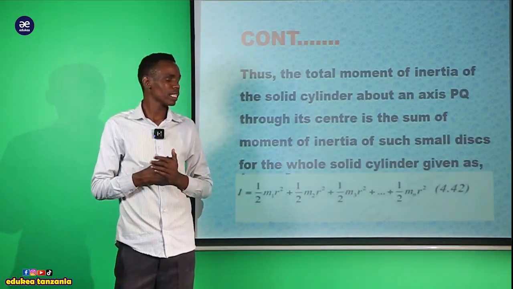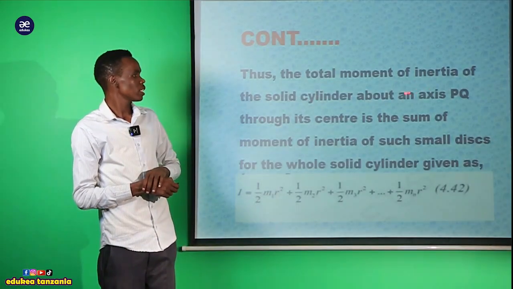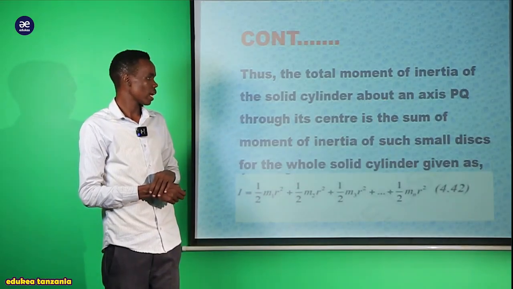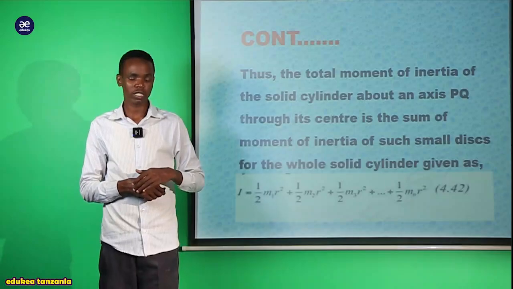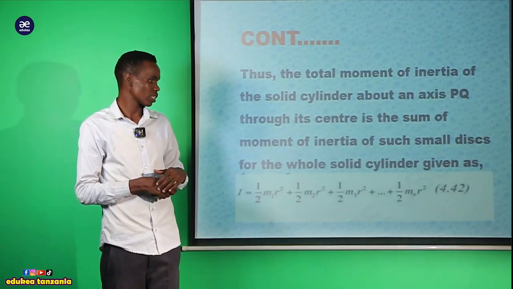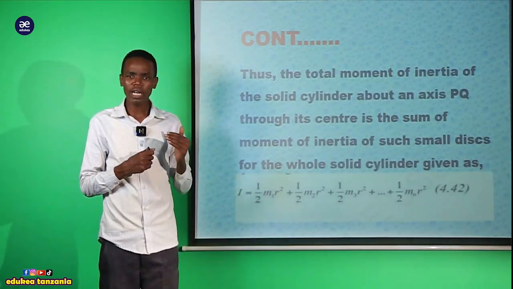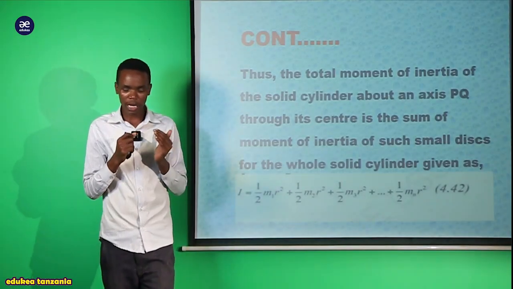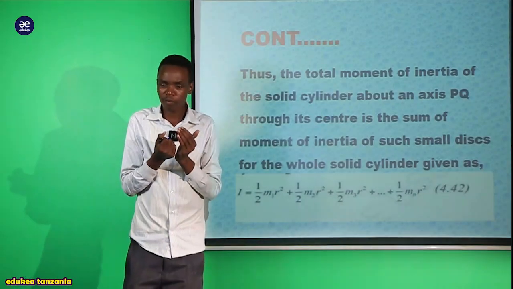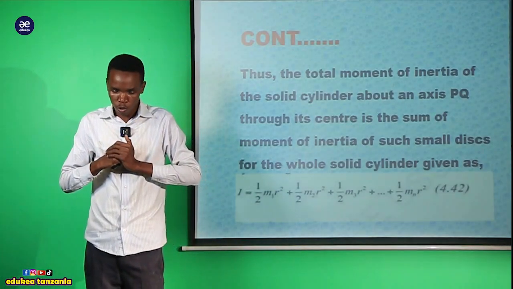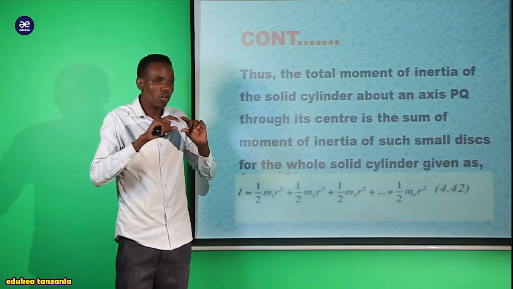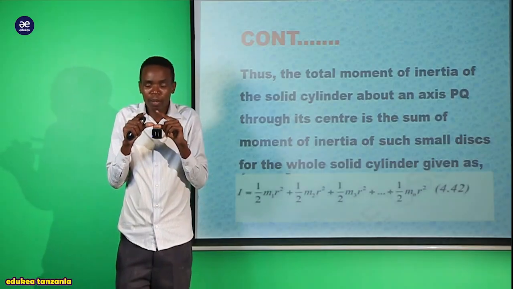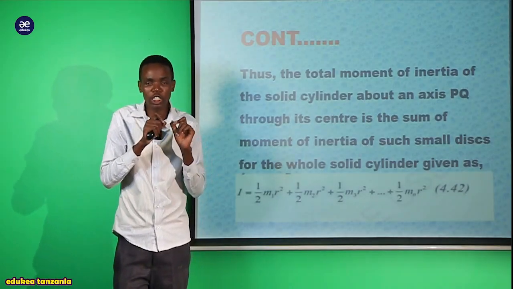After this, my dear student, the total moment of inertia of the solid cylinder about an axis PQ through its center is the sum of the moments of inertia of such small disks for the whole solid cylinder. So how can we get the total moment of inertia? It can be obtained by summing all of those moments of inertia found for each disk.